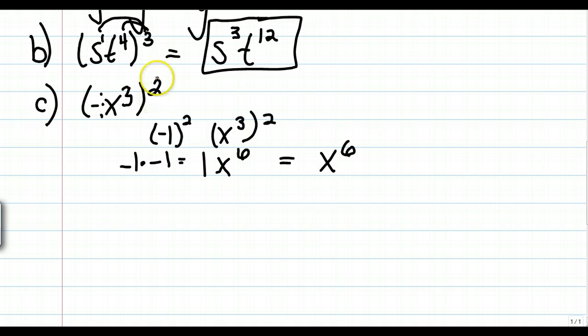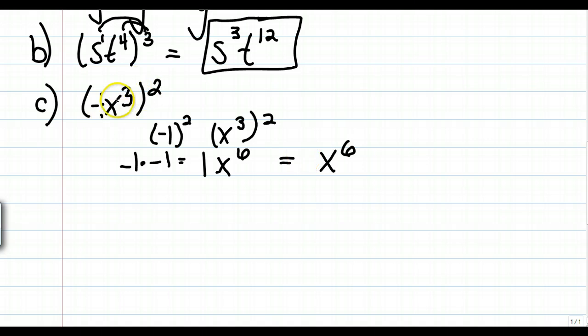So whenever you have a power on the outside, you need to think of the negative. Since it's a 2, you do negative times a negative. If it was a 5 out here, you would have a negative times a negative times a negative times a negative times a negative. So the trick is, if it's a power that's an even number, you're always going to get a positive.